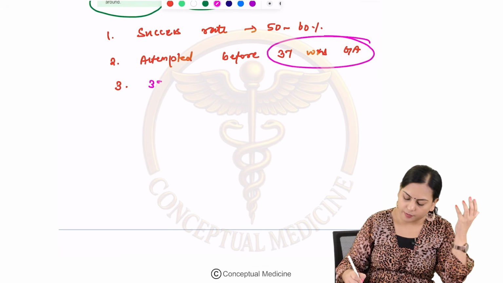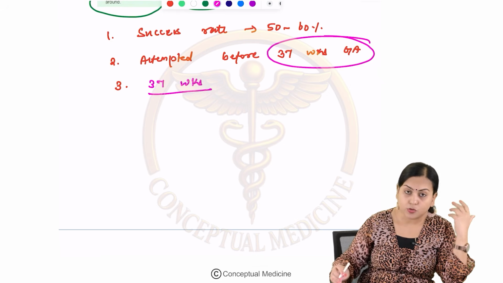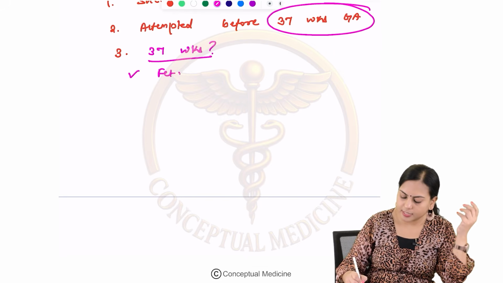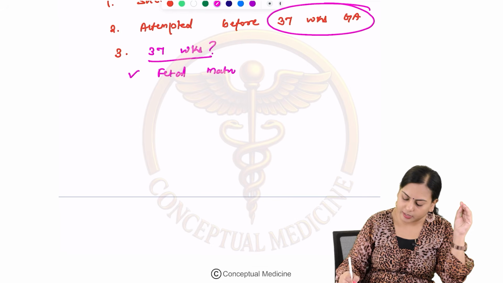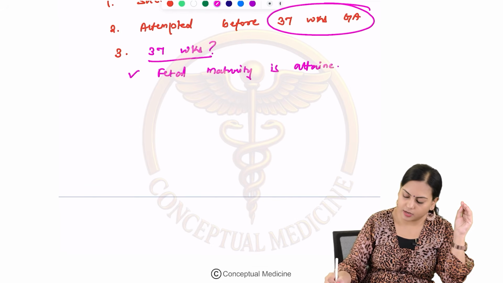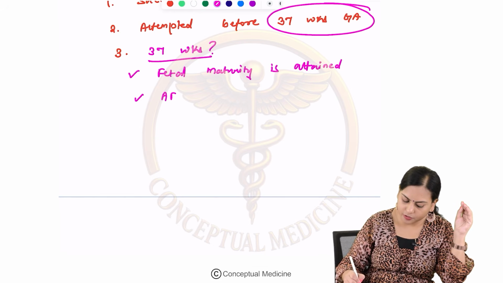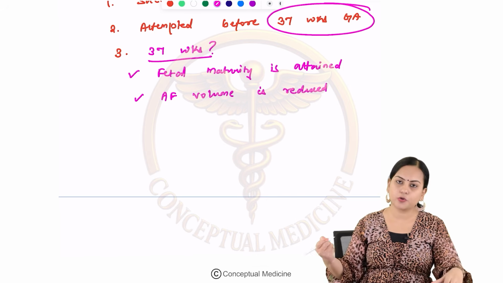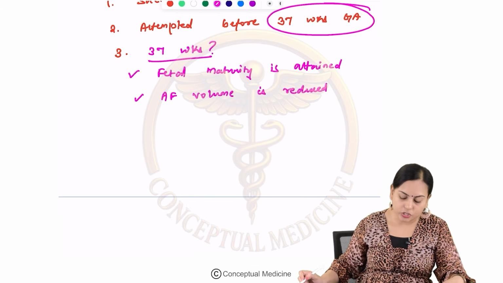Why are we choosing 37 weeks? Because we have many reasons for this. At this time fetal maturity is attained, right? And the amniotic fluid volume is reduced much when compared to earlier gestational ages.